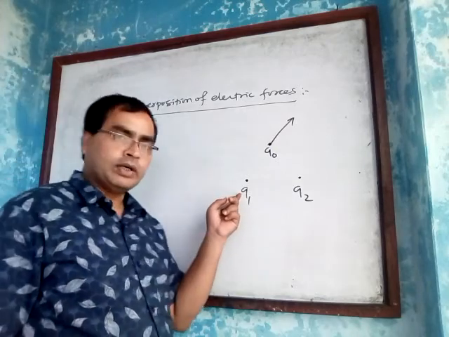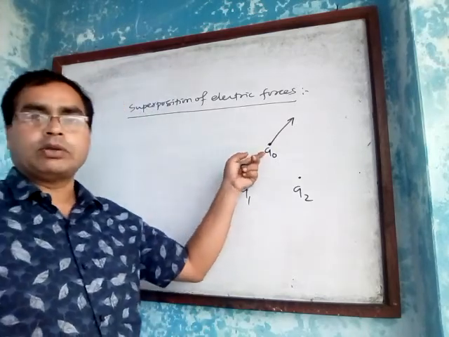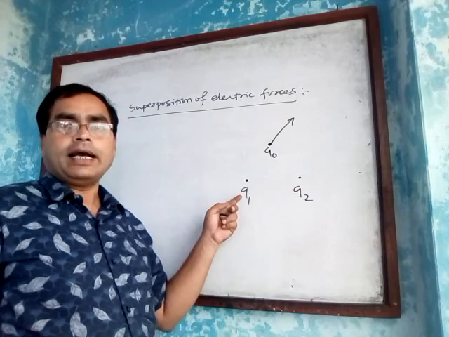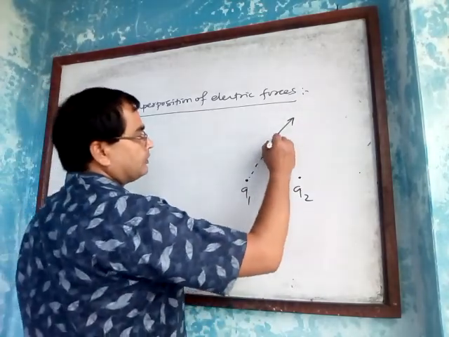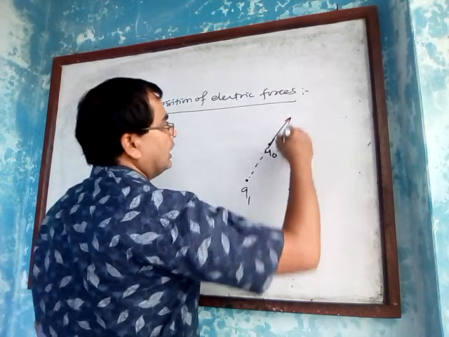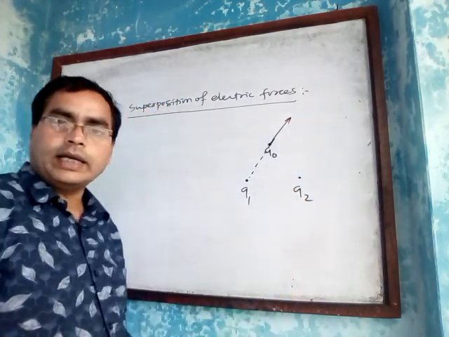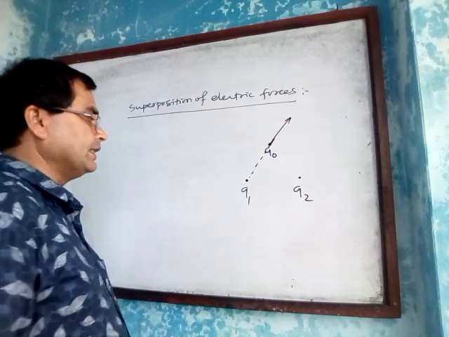If Q1 is positive and Q naught is also positive, then this charge repels this Q naught charge along the line joining the two charges.